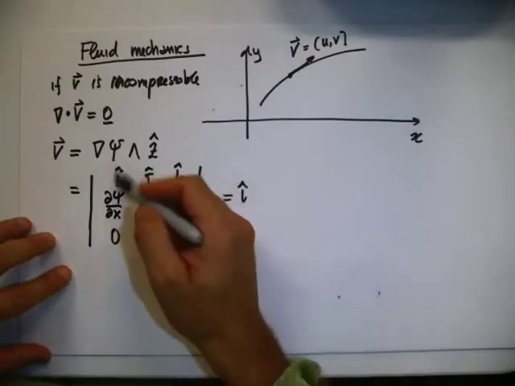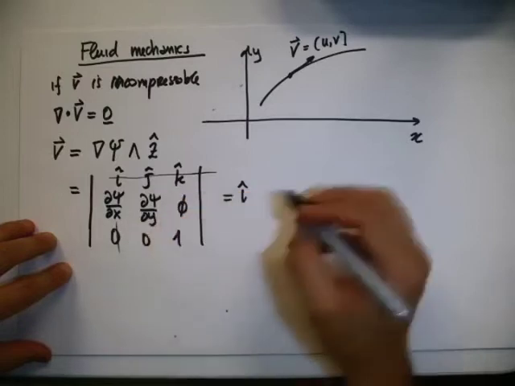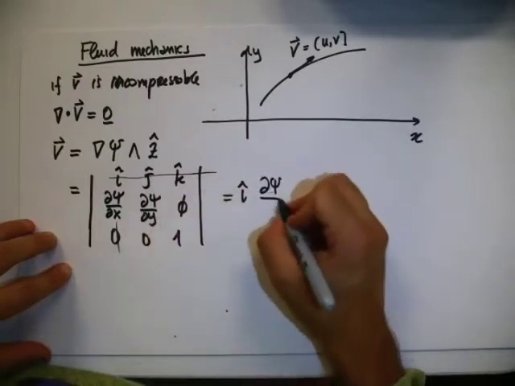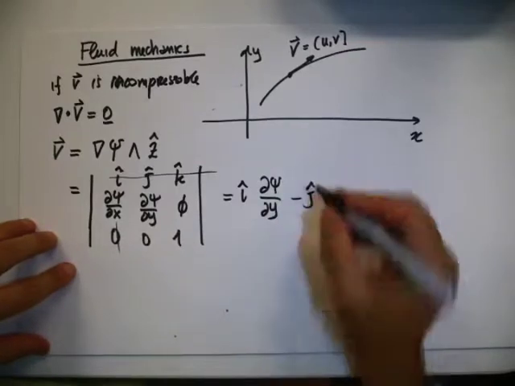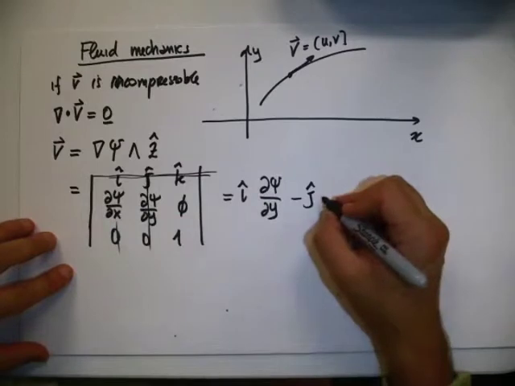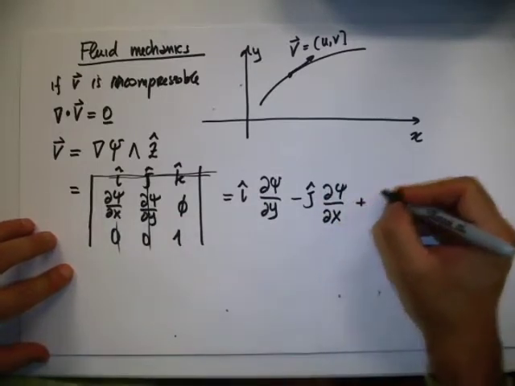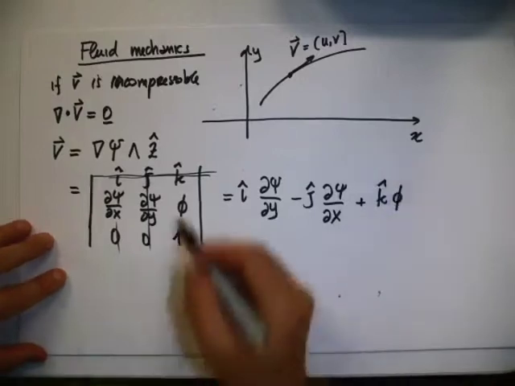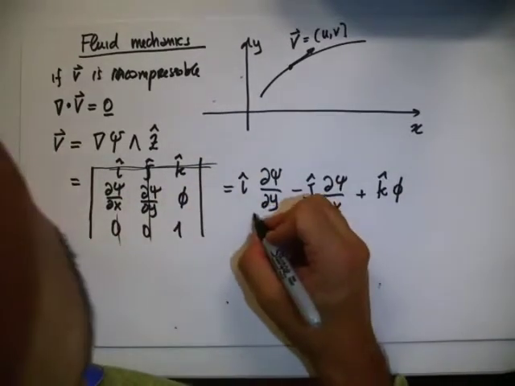We have the i component is going to be equal to this determinant, so dψ/dy, this times this. Then we have minus j, I have plus dψ/dx, plus k, basically 0, okay?